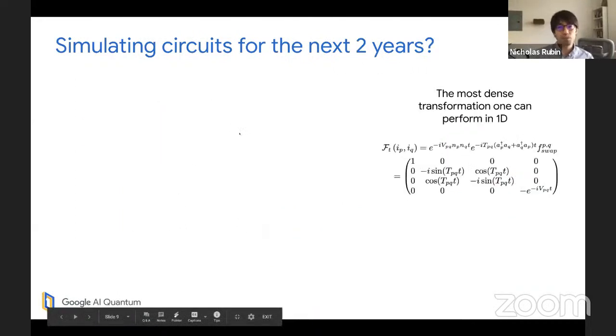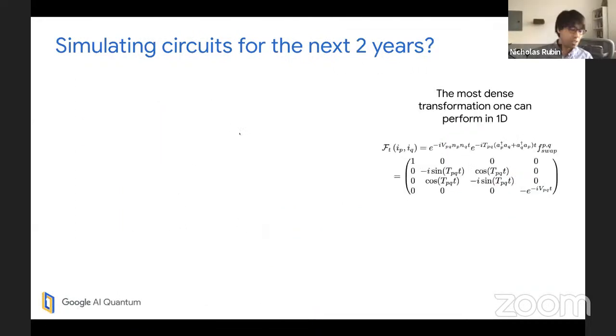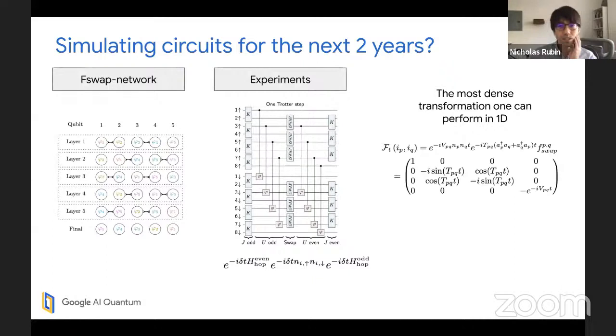The last example is something where the basis rotation circuit doesn't come up directly, but it comes up as a sub-piece of this circuit. So let's say, for example, you would like to implement a sequence of the gates that I have here on the right. This 4x4 unitary, this 2-qubit unitary, I've written in a pretty suggestive way. This is called an fsim gate followed by a swap operation.